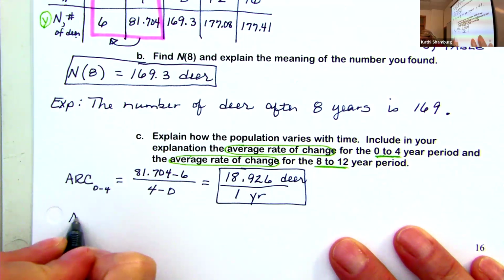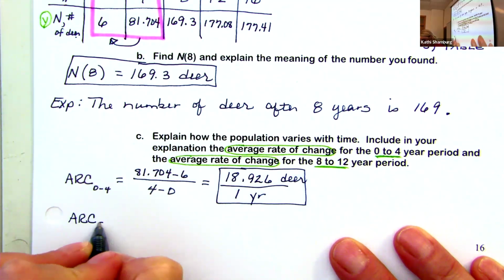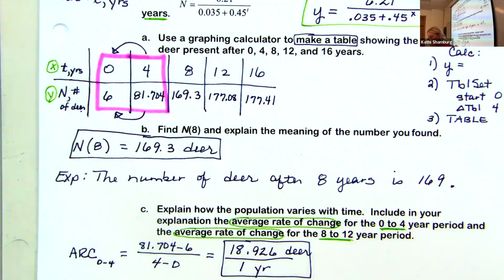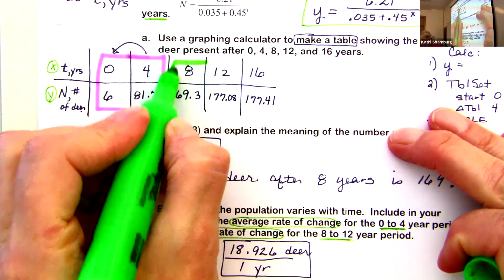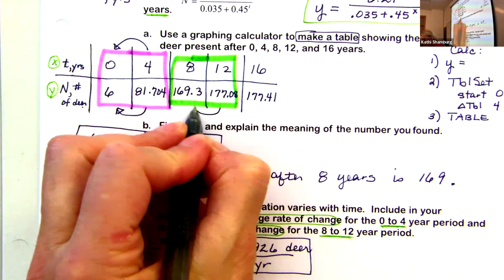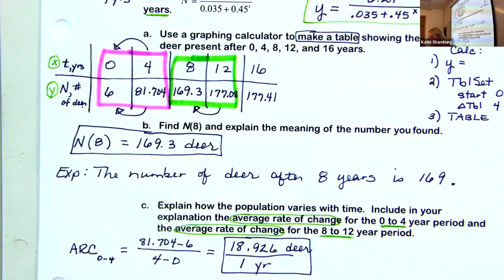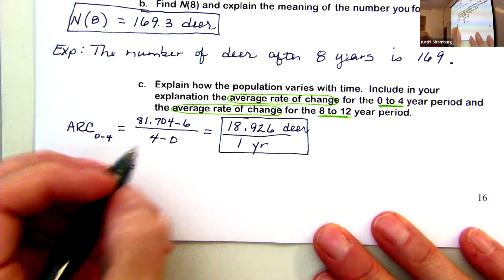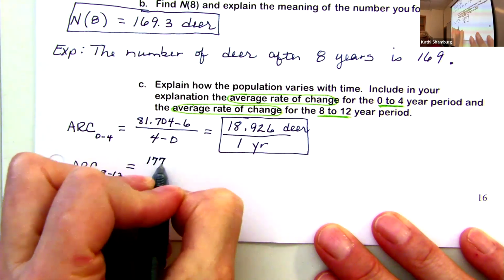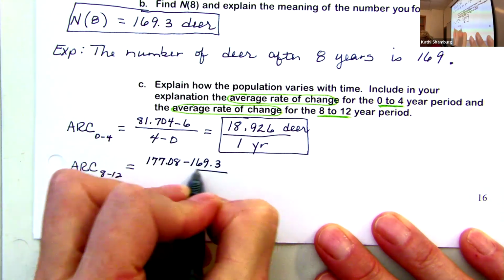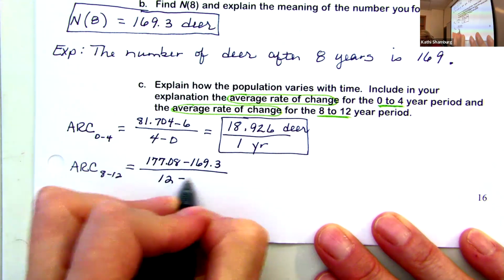Now it wants us to do the same thing from 8 to 12. So now I'm going to come up and look at 8 to 12 because it could have a different rate of change. Again, it is the change in function over the change in variable. So 177.08 minus 169.3 over 12 minus 8.